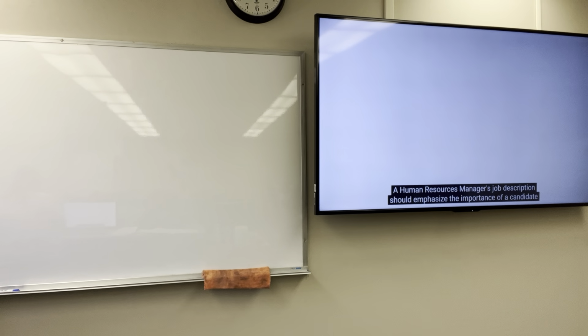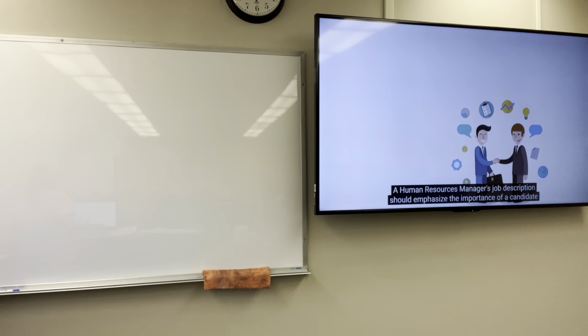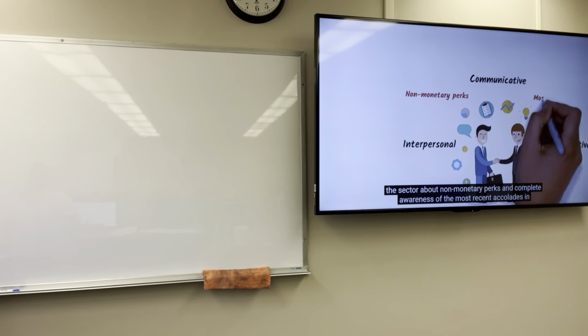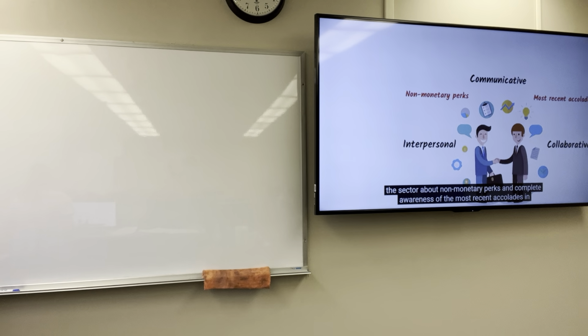A human resources manager's job description should emphasize the importance of a candidate with excellent interpersonal, communicative, and collaborative abilities due to the role's emphasis on dealing with people. It's also crucial that they have a thorough familiarity with the most recent trends in the sector about non-monetary perks and complete awareness of the most recent accolades in the field.